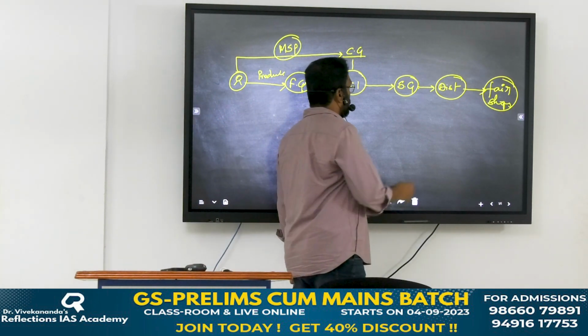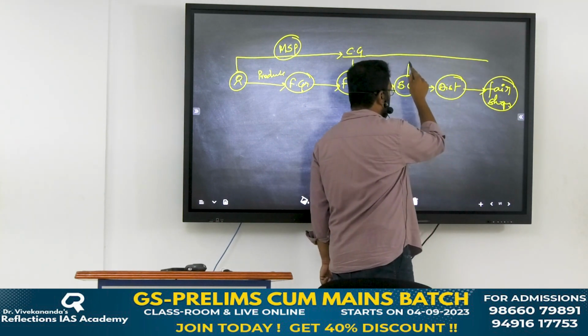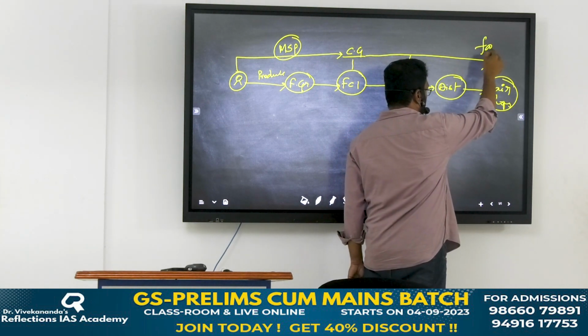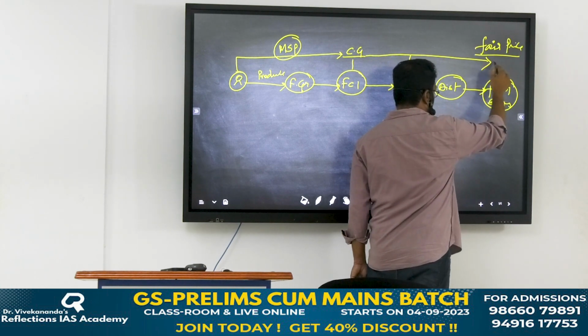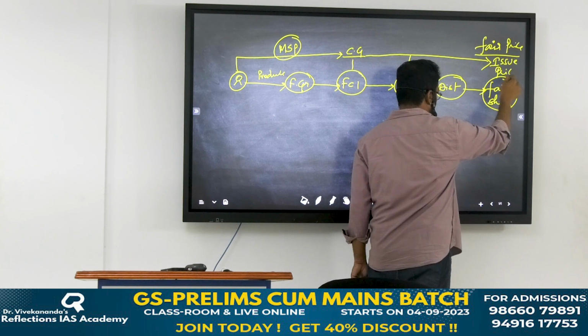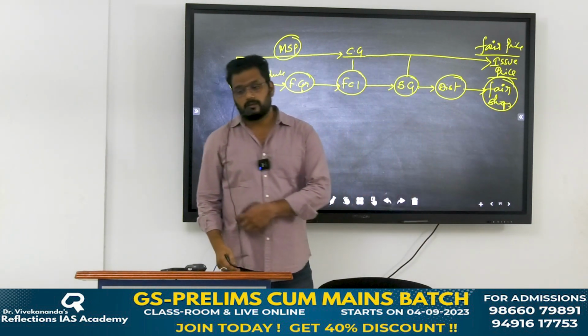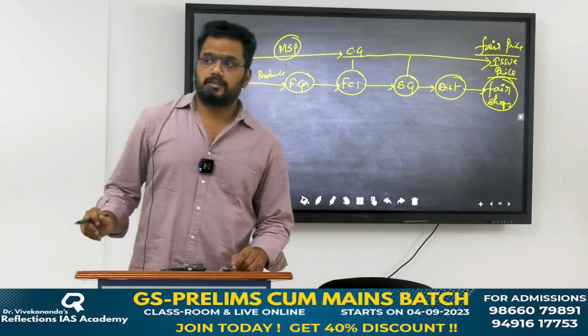And this delivery of food grains by the central and the state government to the fair shops is fair price or issue price. What is fair price and issue price?